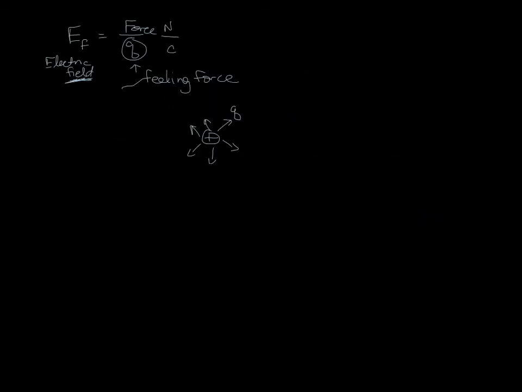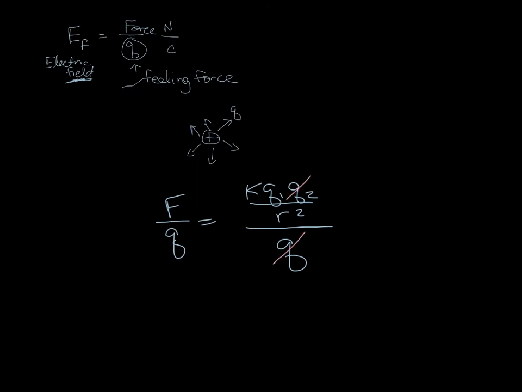So since we have that the field is the force divided by the charge, remember that our electric force from Coulomb's law was K Q1 Q2 over R squared, and we're going to divide that by Q. Remember, this Q at the bottom is the one feeling the force, so that's going to cancel with one of those.